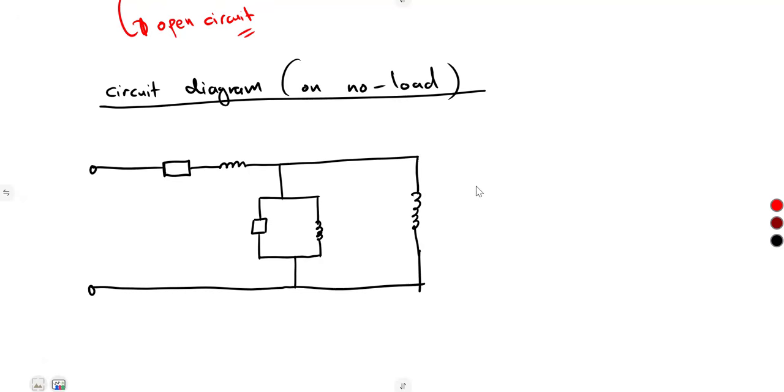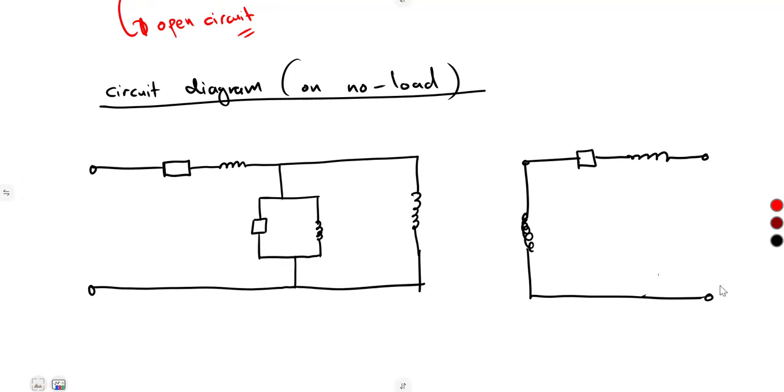So this is the primary. We have extended our primary side, also including the reactances. Then this is the secondary side, which will be open. On the primary side, we've got V1 and the no load current.